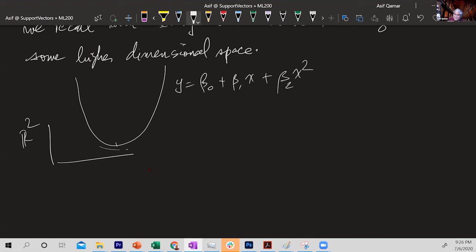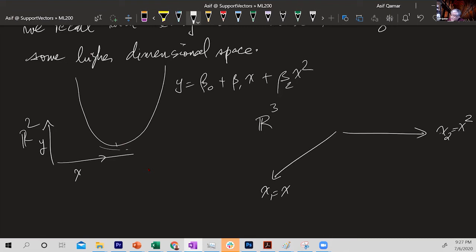Now, this is two-dimensional, right? This is R2. How do I linearize this in codes? You go to a new space, which is three-dimensional, right? In which the axes are x1, which is equal to x, x2, which is equal to the square of x, and the third dimension is y.